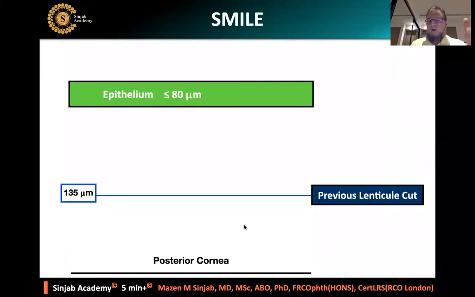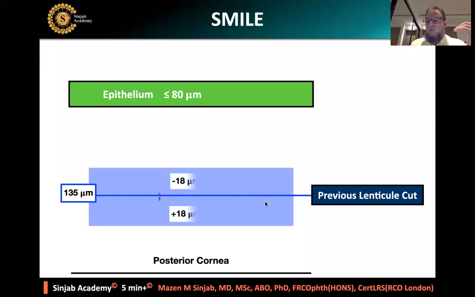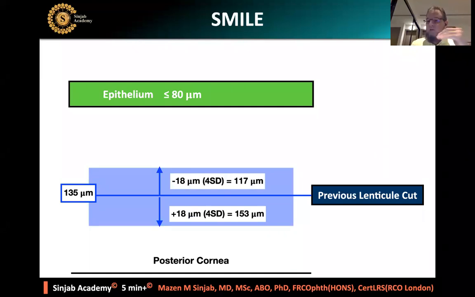Why is this? Because if we do a 135 micron lenticule, then we have to know that there are 4 standard deviations of errors in the cuts, even in the femtosecond laser. So if we plan for 100 microns, maybe we are creating 82 microns, or maybe we are creating 118 microns.